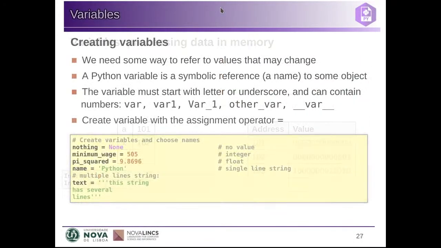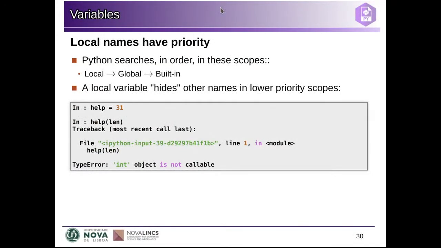But if we create a variable called help, and this might happen sometimes, in your session, so in this case a global variable called help, and assign it a value, if you then try to use the help function, you get an error because now the interpreter cannot find the help function because it will first find the 31 value referred by this name. So if this happens, you can have one name hiding another name.